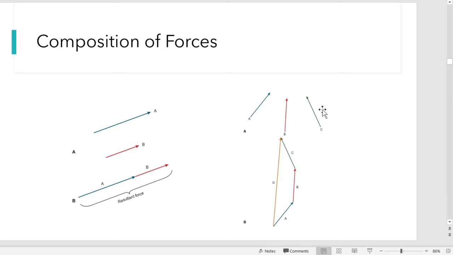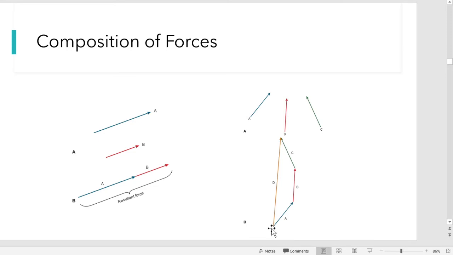Then C. So you put it from head to tail. This is the head of the other force, and this is the tail of B. Then all you have to do is connect them from head to tail. Then your resultant force is this one. It's the D. What you have to do now is to measure.